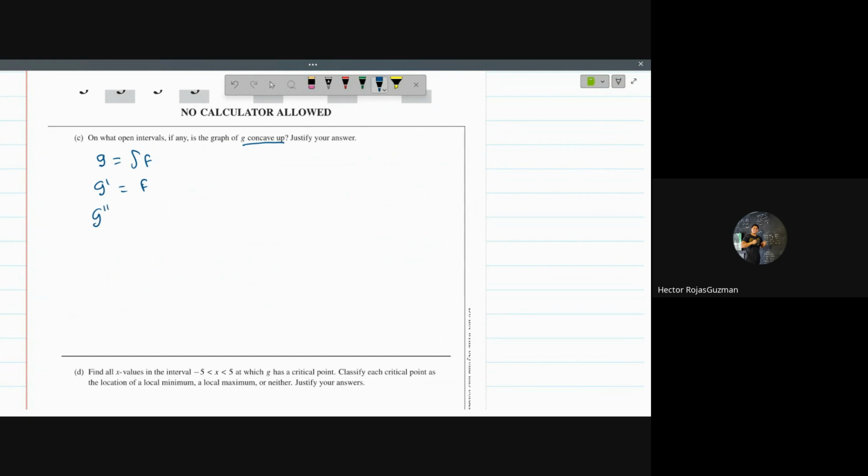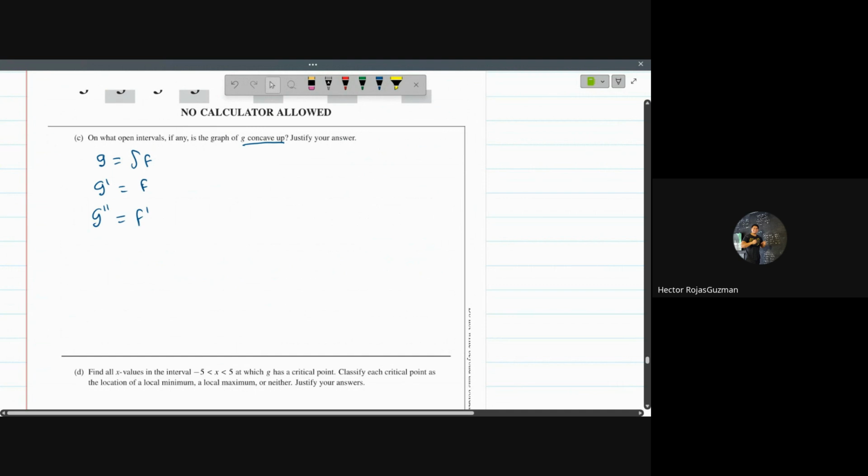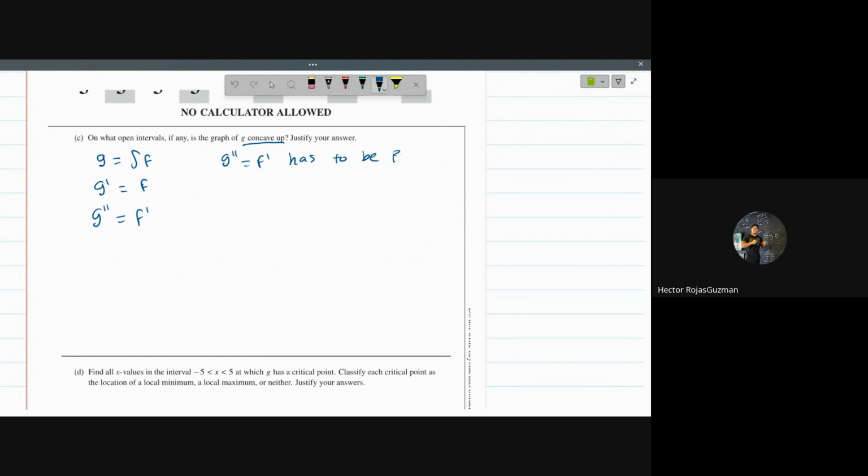So that means that g double prime is f prime. So if g is going to be concave up, that means that g double prime, which is f prime, has to be positive. So we have to figure out where f prime is positive.